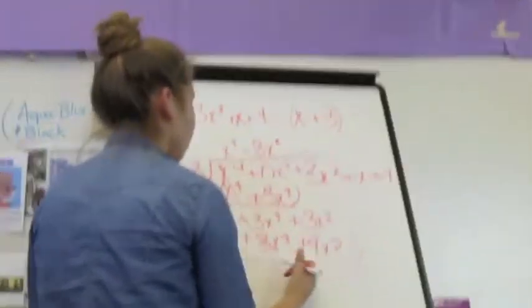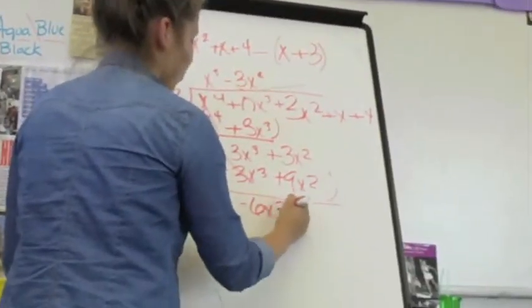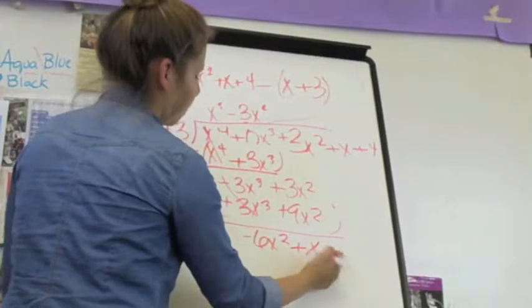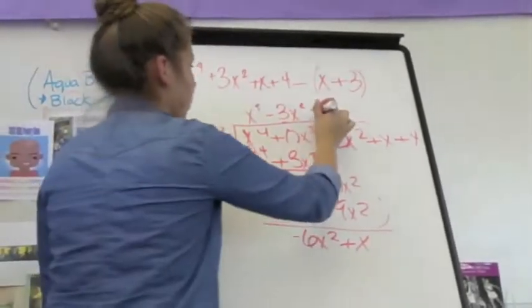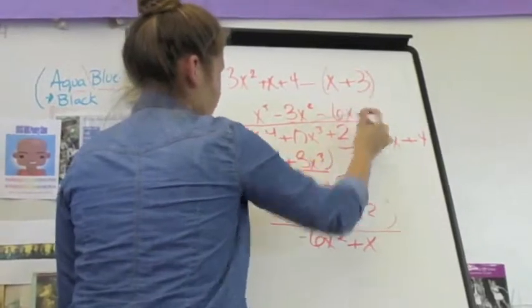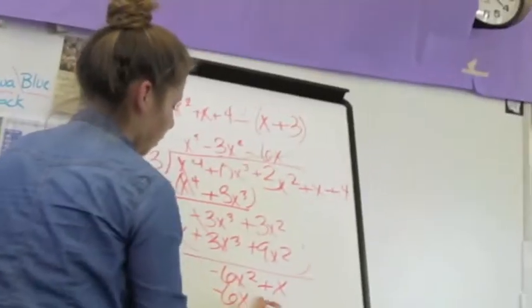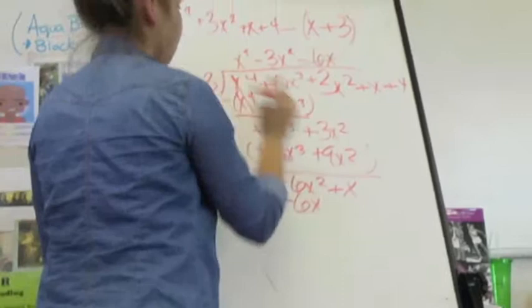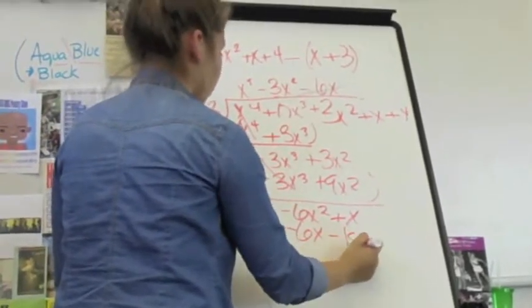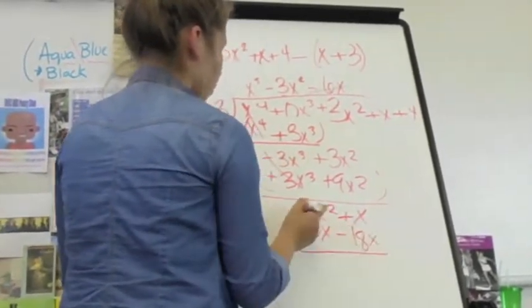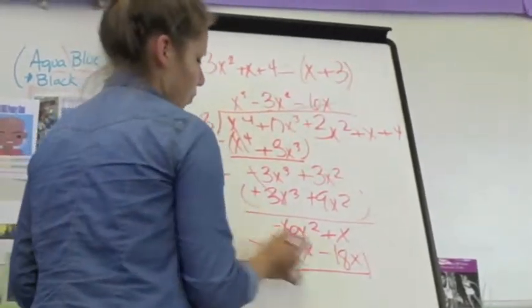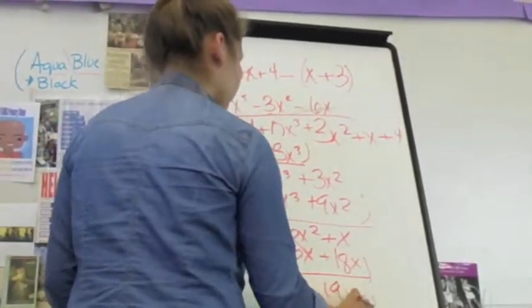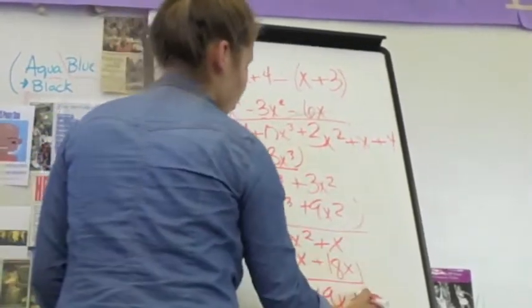This will cancel out, negative 6x squared, and you bring down your next term. So 6x squared divided by x is negative 6x. Then you plug in the negative 6x, and you multiply these two, negative 18x, which will cancel out. And then you get positive 19x. And you bring down your next term.